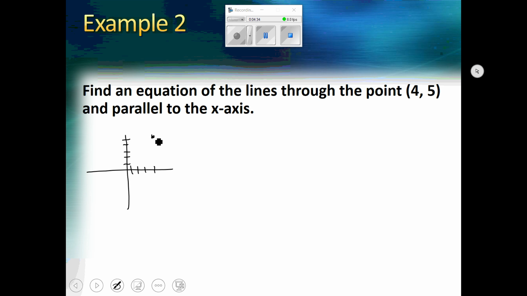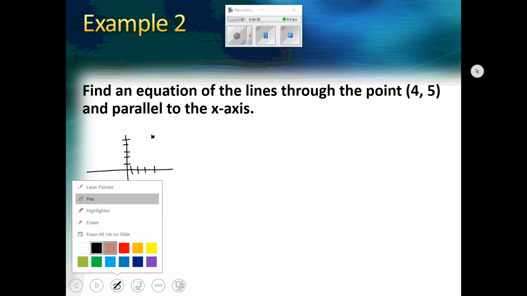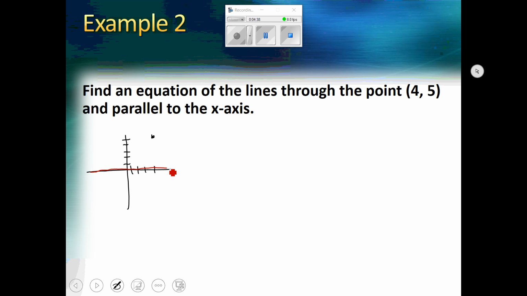And we want it to be parallel to the x-axis. So here's the x-axis. So if we wanted it to be parallel to this, then it's going to run like so. My question is, that's a horizontal line. So what's the slope of a horizontal line? The slope is 0. If it's flat, it's 0.